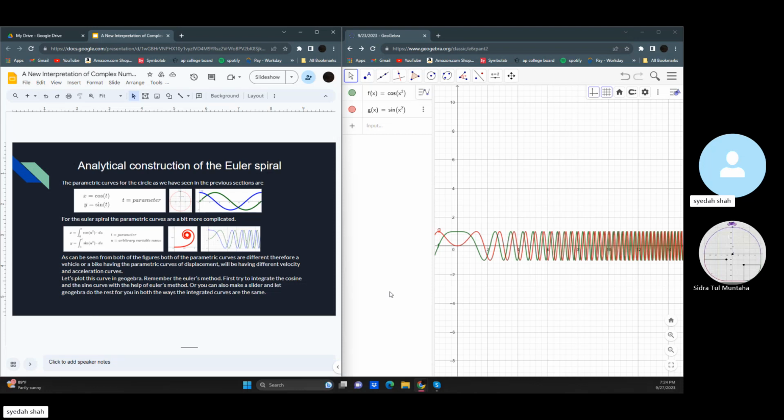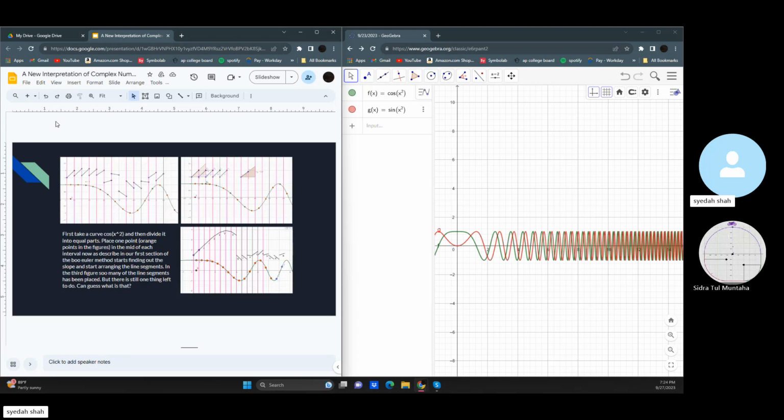Go to the next slide here. First, take a look at the curve cosine x squared, and then divide it into equal parts. Place one point or edge point in the mid of each interval.